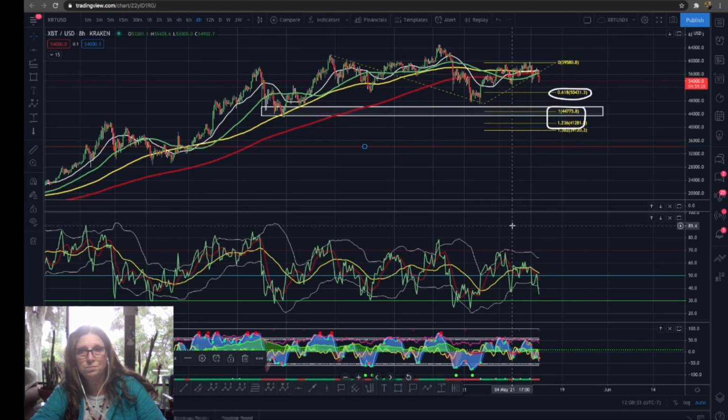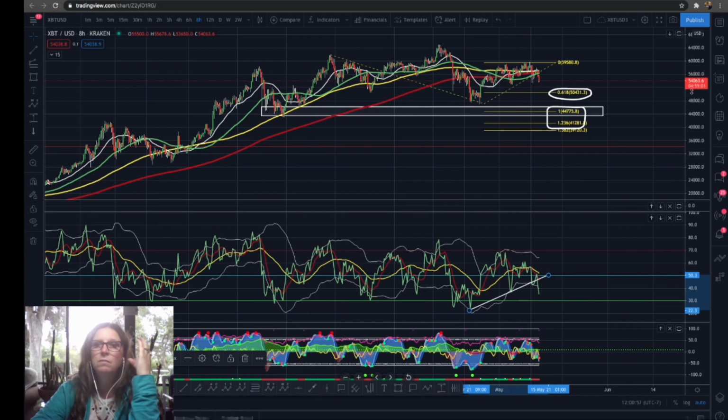Right now, we don't have any bullish divergence to speak of on the 8-hour. We're kind of going in this upward manner. We did break that to the downside. So, I mean, we do have a little bit, but this candle has 4 hours left on it.